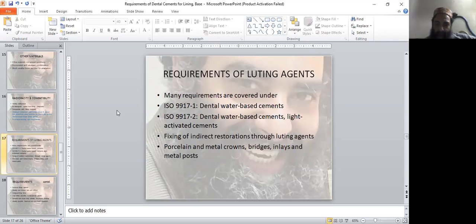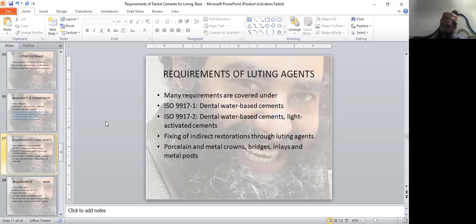Now fixing of indirect restoration with luting agents is nowadays in practice for porcelain and metal crowns, bridges, inlays, and metal posts.